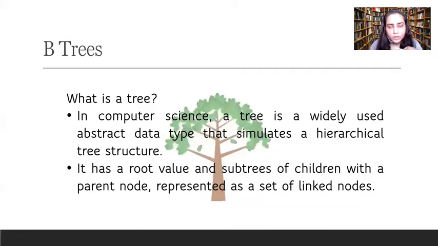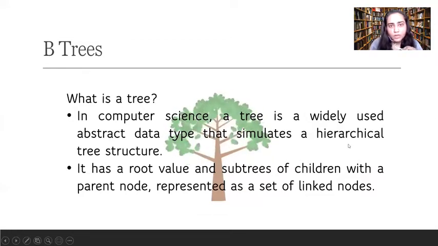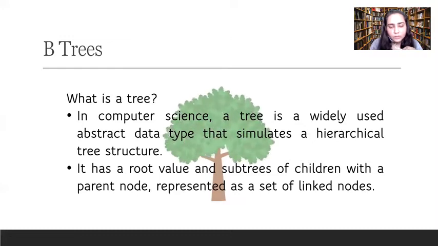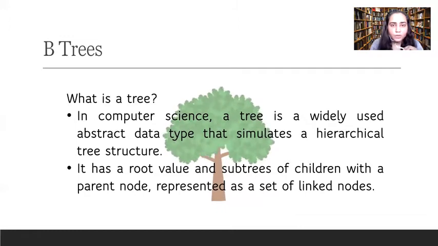So trees are a type of data structure that allow you to create a hierarchy. A hierarchy necessarily means that you have a parent, and then you have children, and those children have children. So when you talk about relationships like that, then it's a hierarchy.